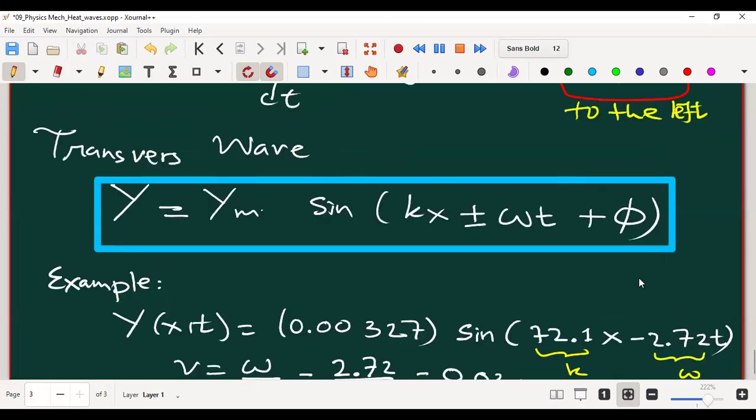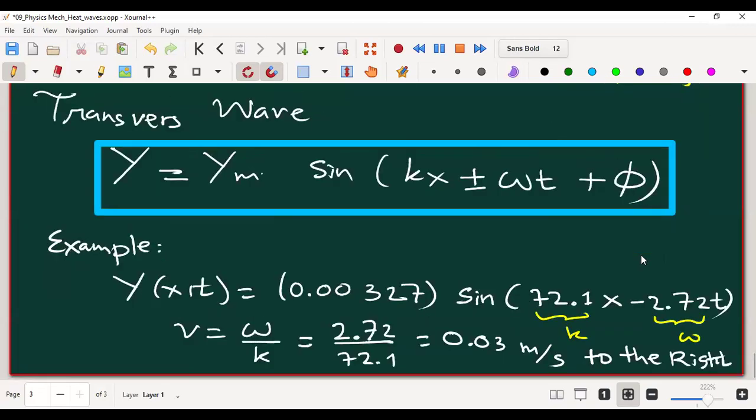Whether it is positive or negative, you can see that if the sign here is negative, it will be to the right side. Yeah, the direction is to the right. But if this one is positive, it becomes left, to the left side. Okay. For example, this one is a negative sign, so the direction of the wave is to the right.